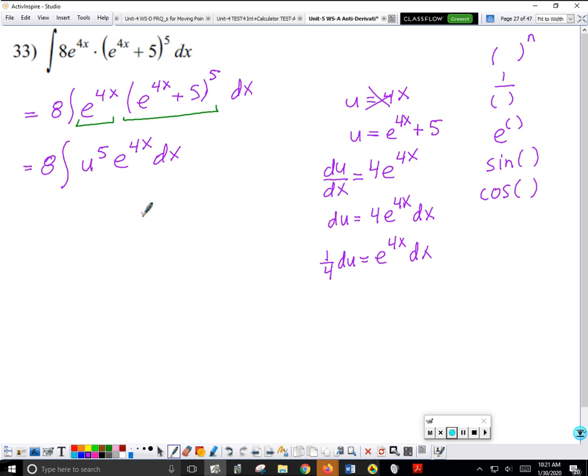So remember, that's the whole point of u substitution, is to start making replacements. We said u is the same thing as this. So in place of e to the 4x plus 5, I put u. The other thing I did is I said these two functions are multiplying. So the order doesn't matter. So I put that one first. And then I have e to the 4x, then I have the dx.